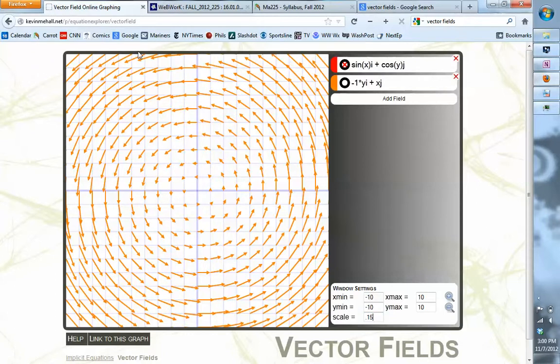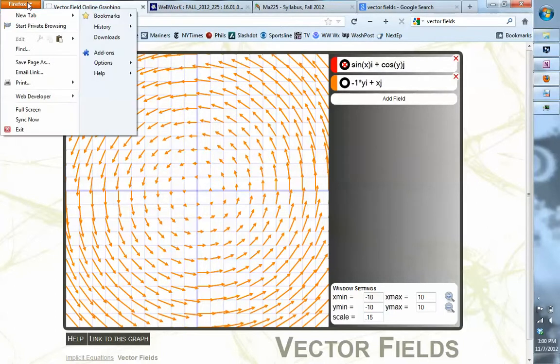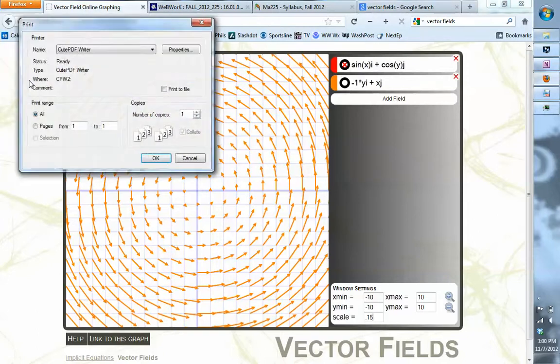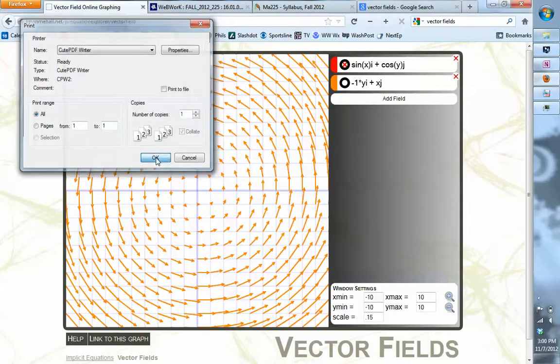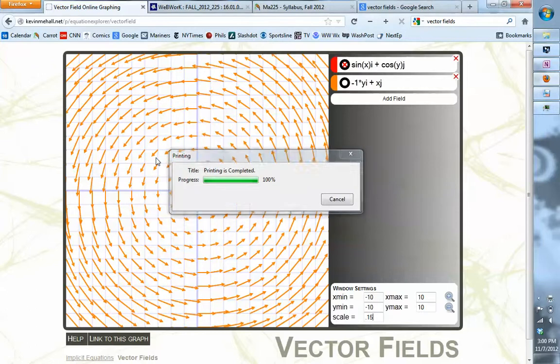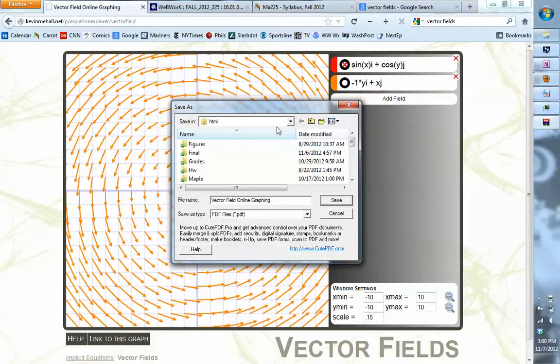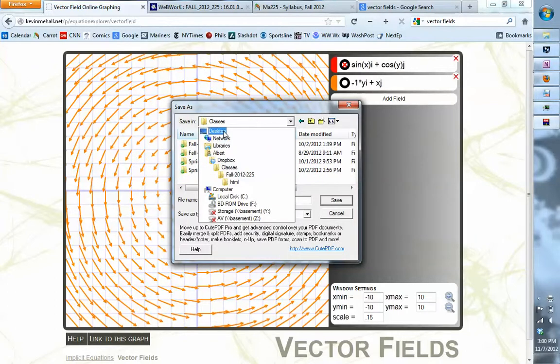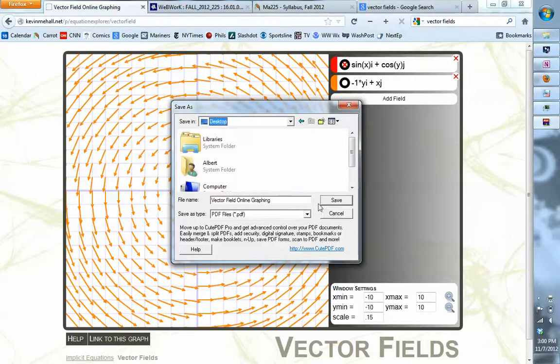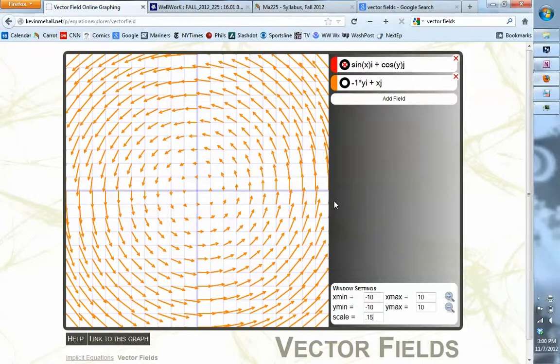Okay, I'm going to save this to a PDF file here, and let's go into the next section. Let's put it on the desktop somewhere so I can find it. Save it. Okay, so before I leave this, I wanted to save that. I'm going to come back to that in a second.